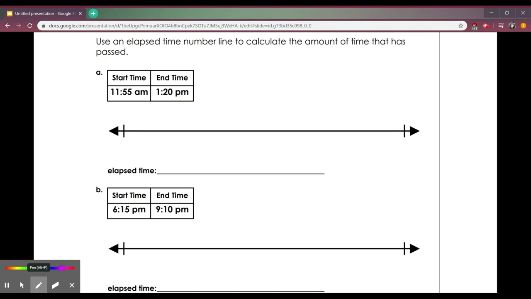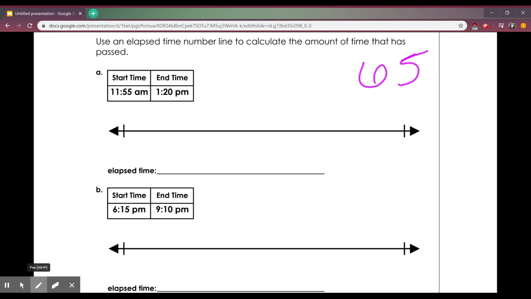If you get an instance where you add up your minutes and it's higher than 60, that means you need to add another hour onto it. So let's just pretend that there was another problem on here, and we added up all of our minutes that we jumped, and we ended up with 65. 65 is greater than the amount of minutes that can be in 1 hour.